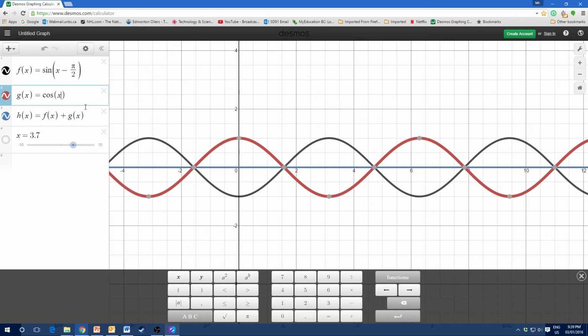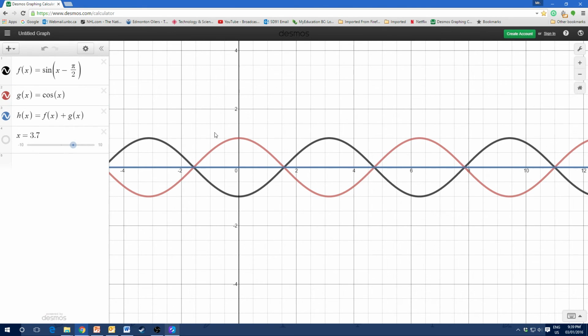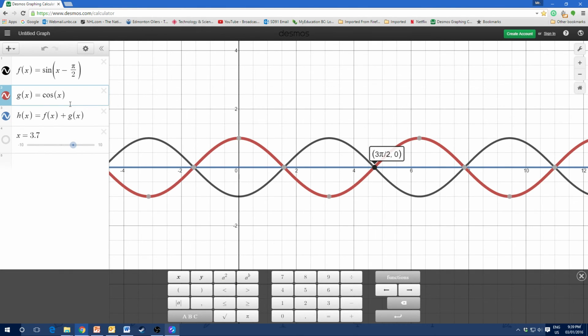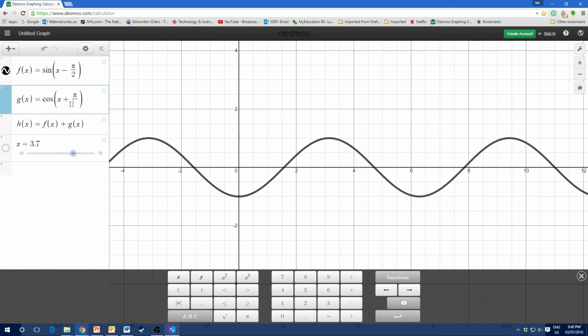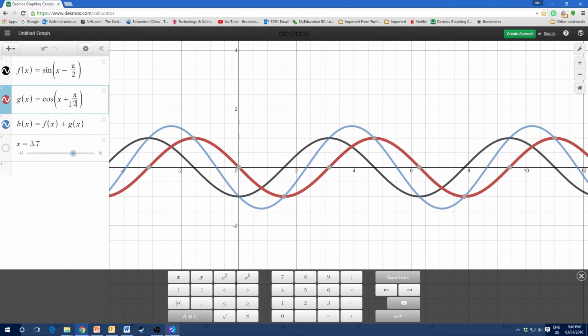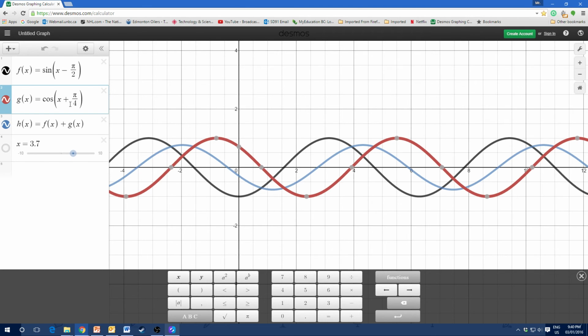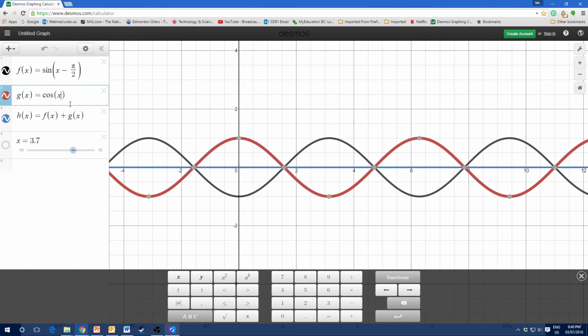Here, the waves are completely out of sync, and the resulting wave ends up being 0. If these were sound waves, this case would produce no sound, because the f of x sound wave is being completely cancelled out by the g of x sound wave. So depending on what you're looking to do, you can make the wave larger, you can make the wave smaller, or you can completely destroy the wave.